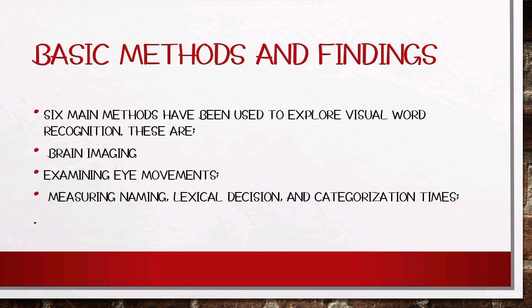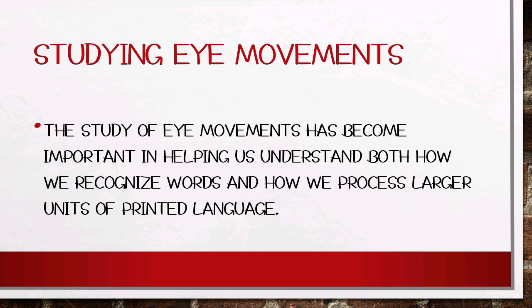Eye movement. Eye movement research has proven invaluable for understanding how we read, both at the level of individual words and larger text units. Word recognition. By tracking eye movement, researchers can pinpoint where people fixate on words and for how long. This reveals how quickly and easily words are recognized.